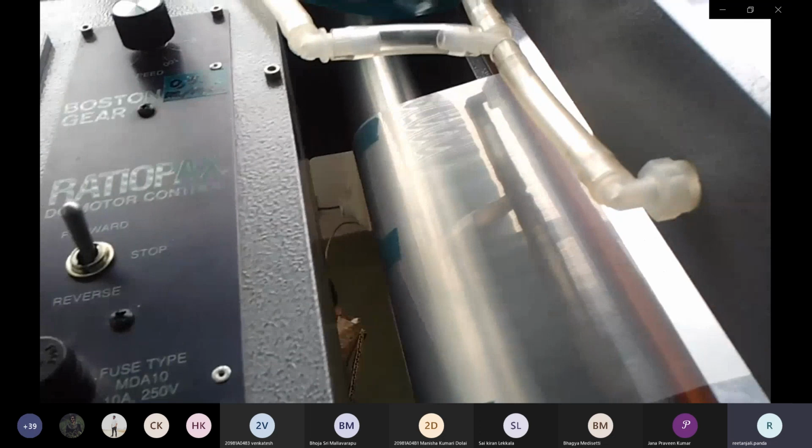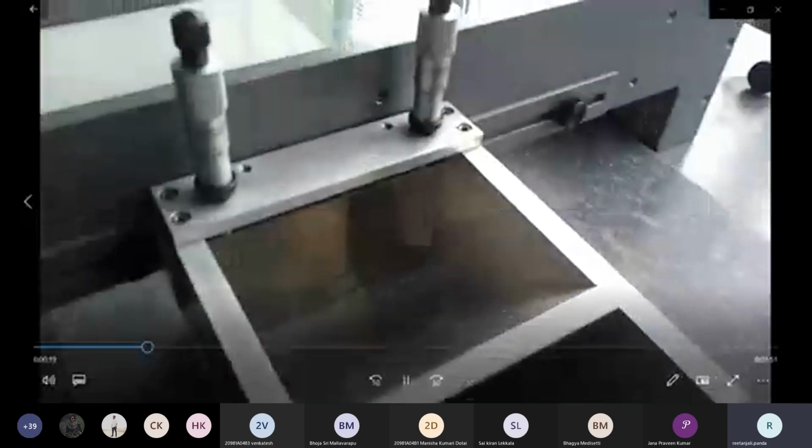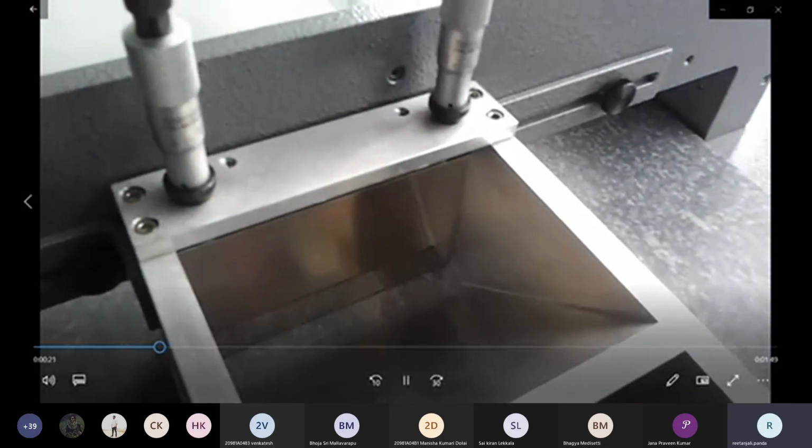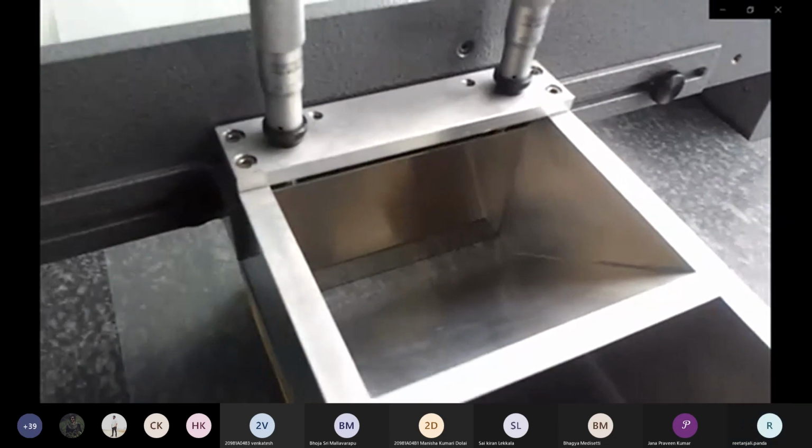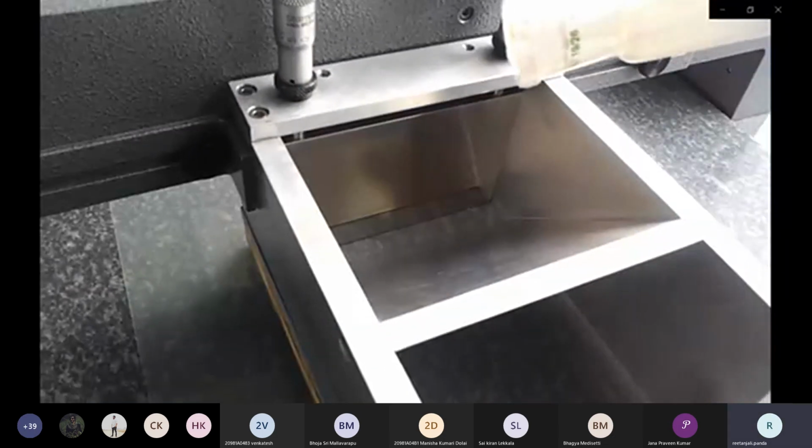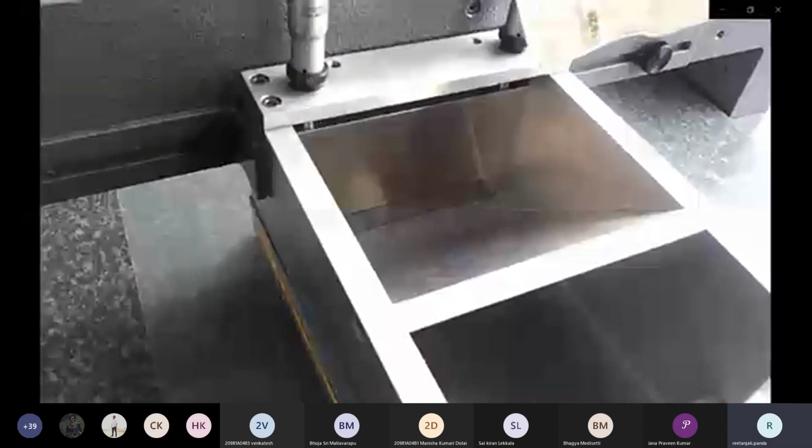You see, this is the conveyor belt like structure over which the tape casting will be performed. This is the container. In this container, we are going to pour the glass slurry. See, this is the glass slurry which is poured here.